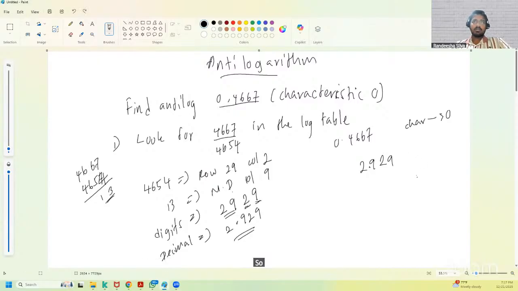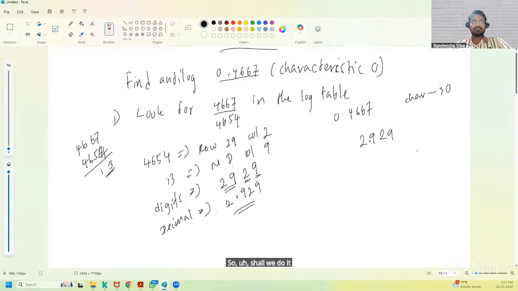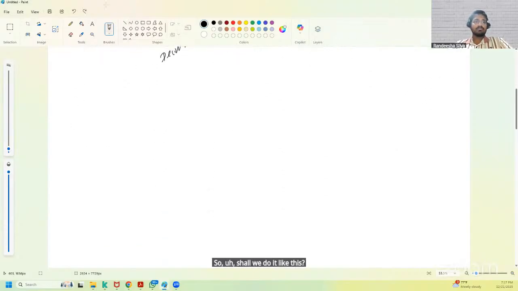So shall we do it like this? Hope you got that. The second example has a characteristic which is more than 0.